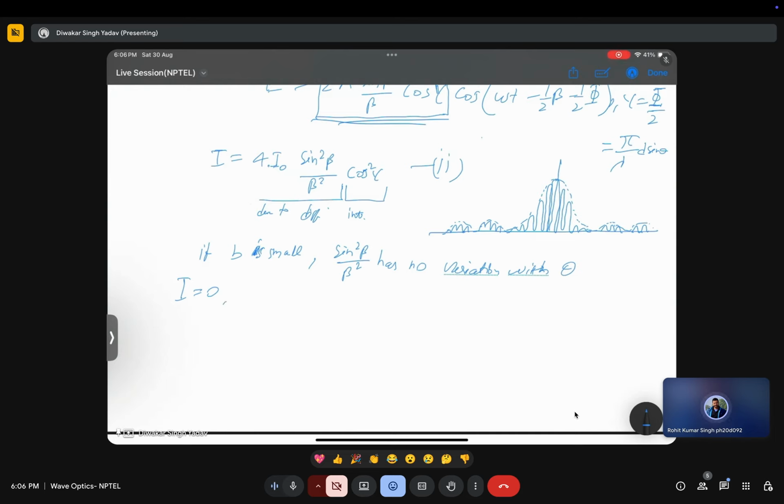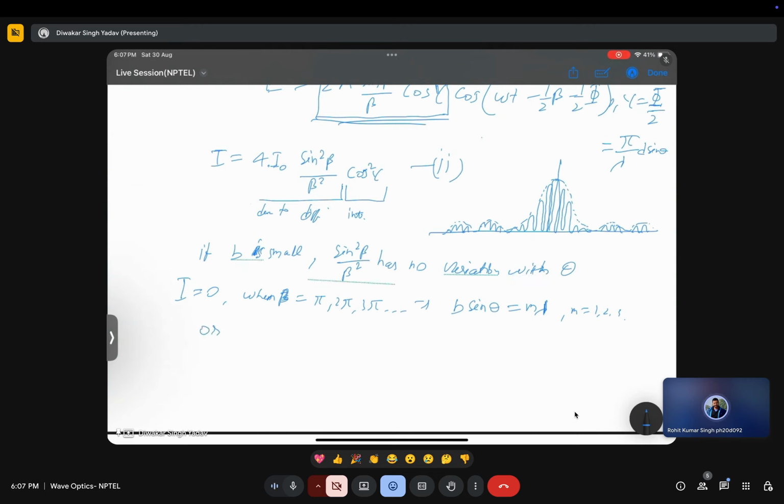So I equal to 0 when beta equals pi, 2 pi, 3 pi and so on. And this will give you the condition for minima, b sine theta equal to m lambda. M will be your integers.